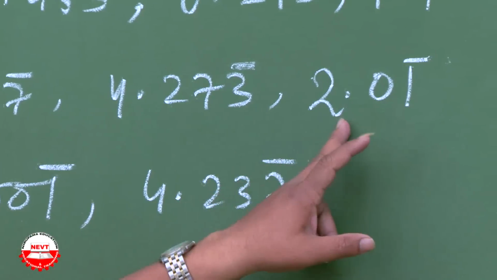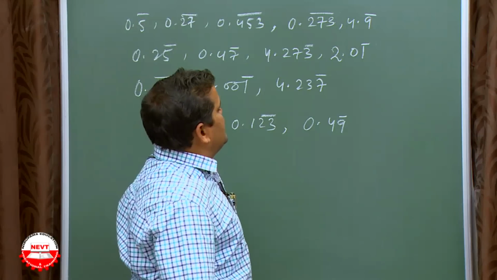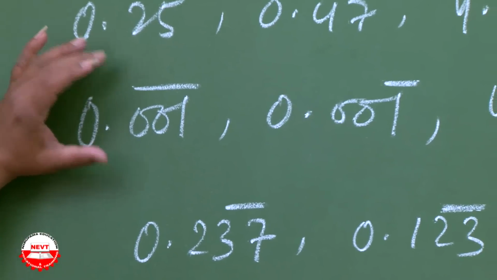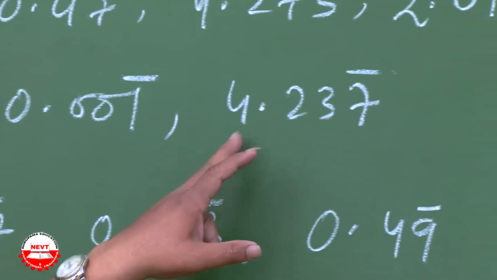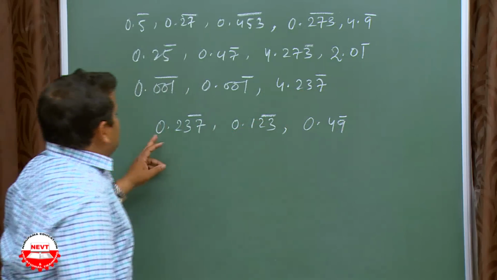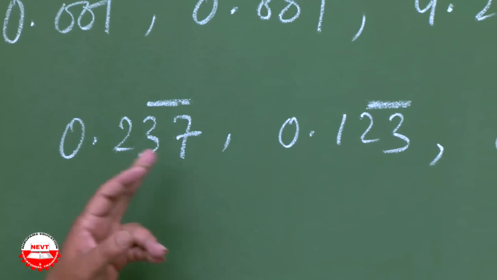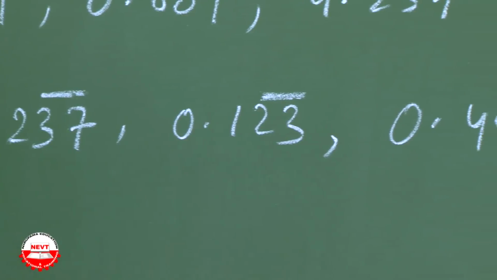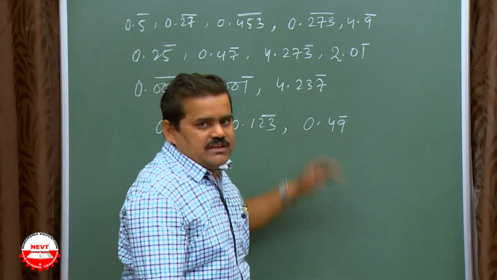This is 201 minus 20, that is 181 by 90. This is 1 by 999, this is 1 by 900. This is 4237 minus 423 over 900. Where the bar starts here, 237 minus 2 is 235 by 990. This is 123 minus 1, that is 122 by 990. It's okay.